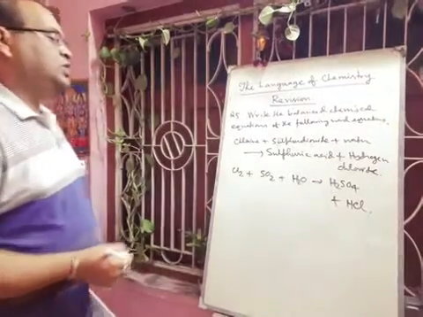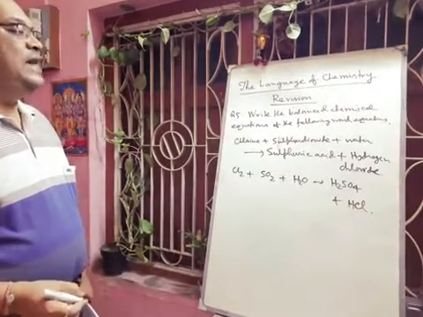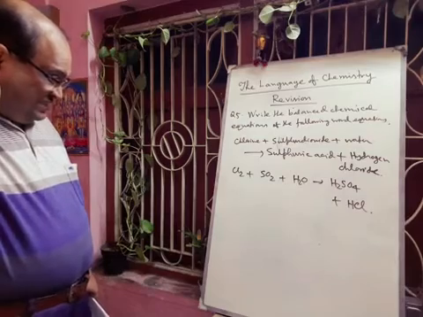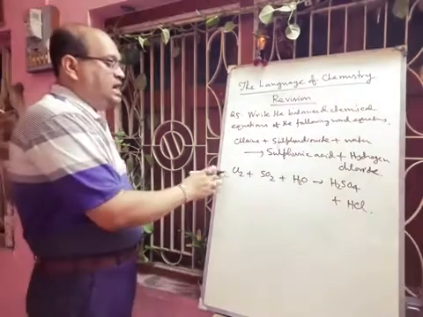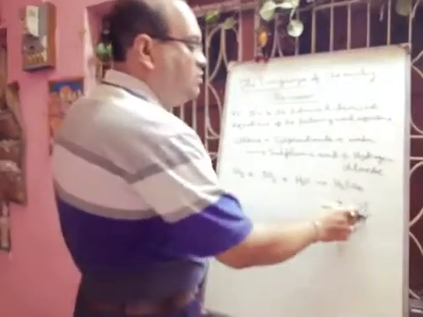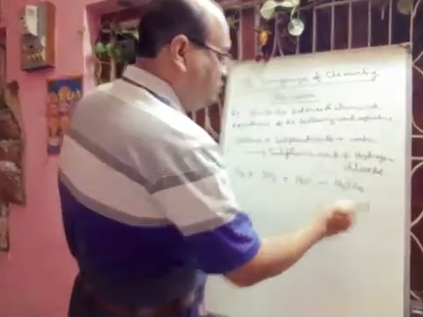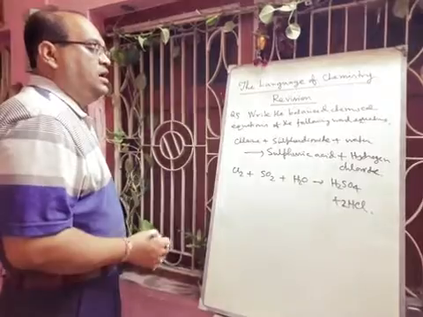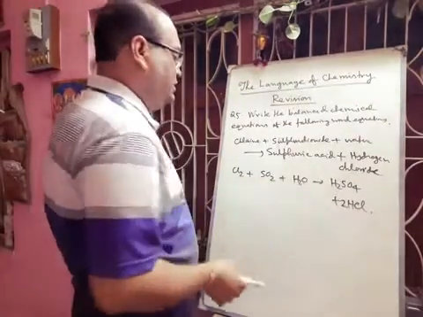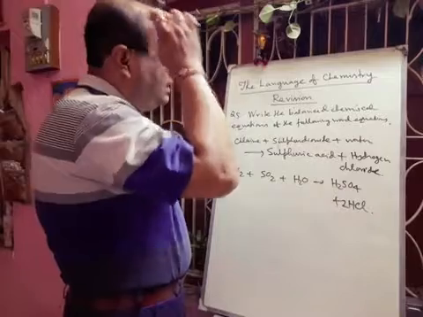Okay, so in this case you have to balance this equation. Now here you see 2 chlorine atoms are there on the left side and here one chlorine atom is there, so here you can write 2. Now next we will balance the sulfur, which is the same on both sides, and next we will balance the hydrogen.